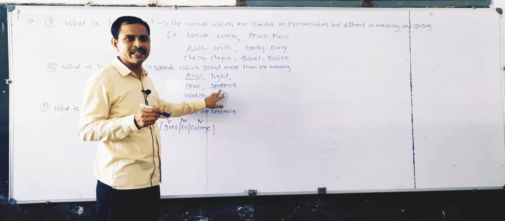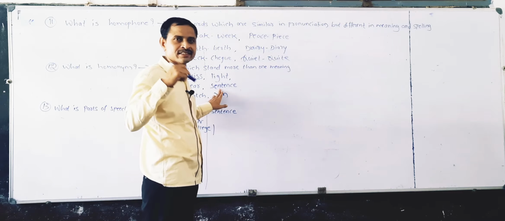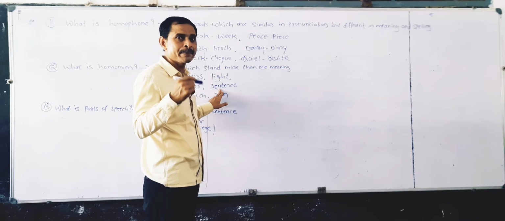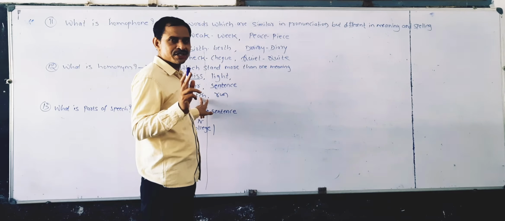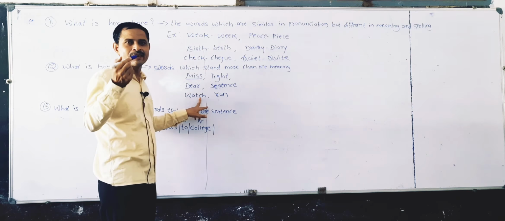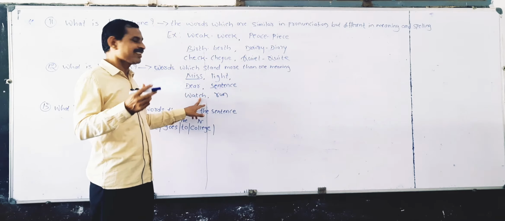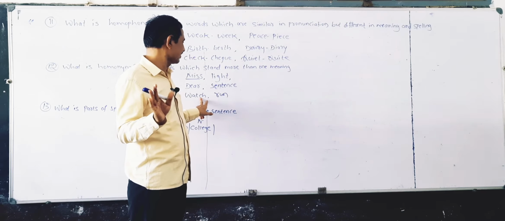Sentence: you know one meaning. Usually, sentence means a group of words that makes complete sense. Another meaning of sentence is punishment. You are sentenced to death. Watch: it is 11 o'clock by my watch. I watch TV. See, different meanings.